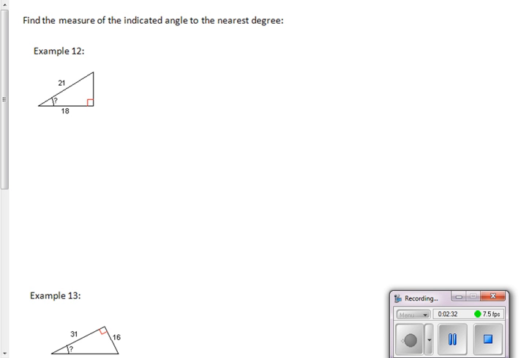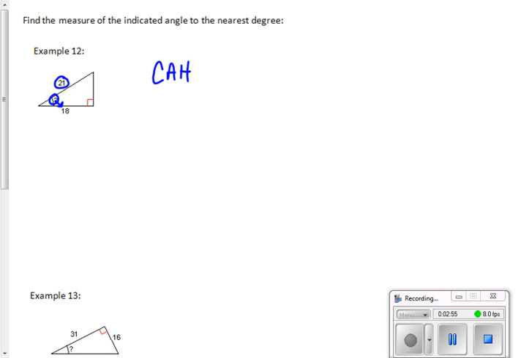Normally what I like to do is identify the angle that we need, and that is the question mark. What we know is what is adjacent to it, and we also know the hypotenuse. So we know adjacent and hypotenuse, so we need to use cosine here. Remember, in order to figure out the interior angle, you'll use the inverse.